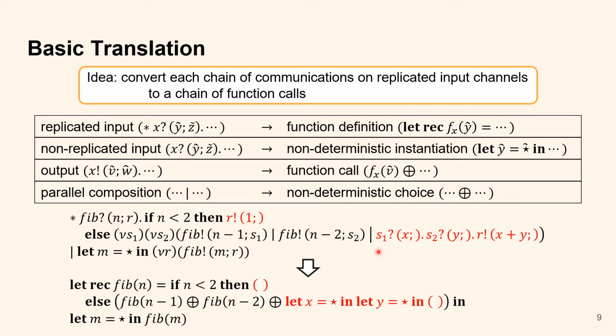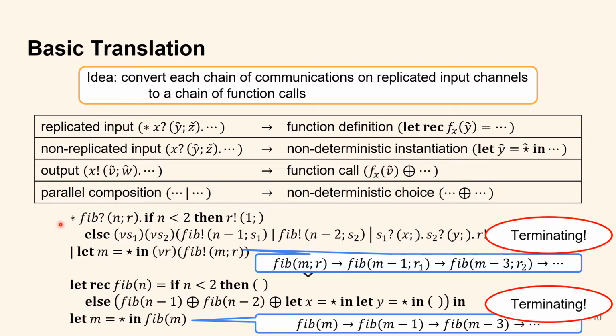On the other hand, the non-replicated inputs, like these, are ignored and transformed to the non-deterministic instantiations. The outputs on the channel R are just converted to skip because there is no replicated input on R.